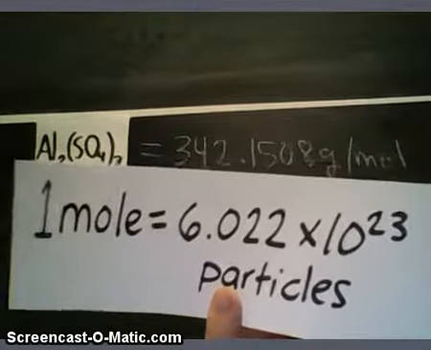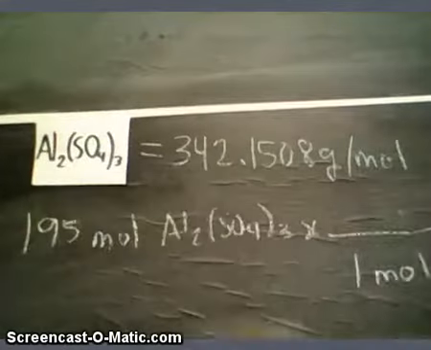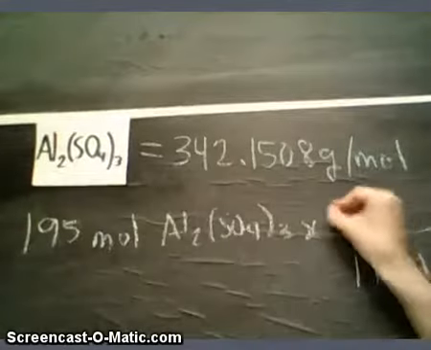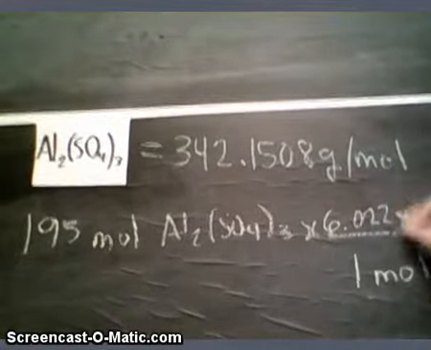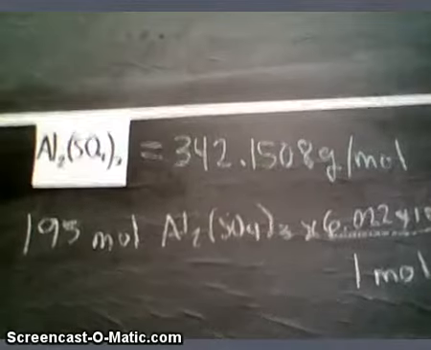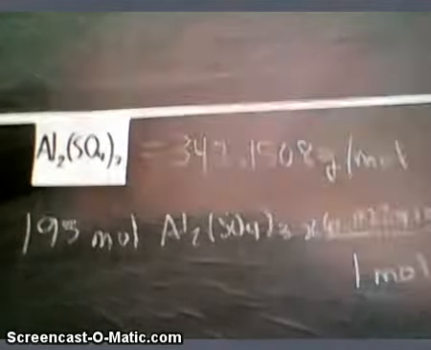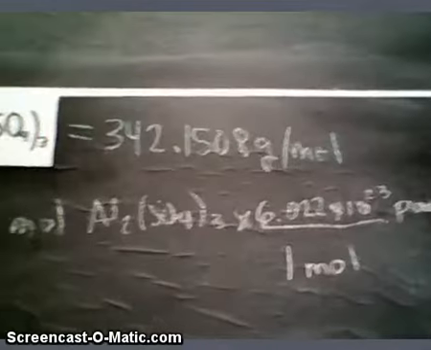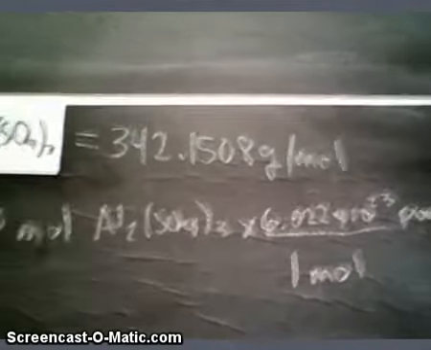In this case, we want to use Avogadro's number, so I'm going to write it here on top. 6.022 times 10 to the 23rd particles of aluminum sulfate. Okay, now you cannot see that. Let's move this a bit. Okay, so there we have moles and particles of aluminum sulfate.